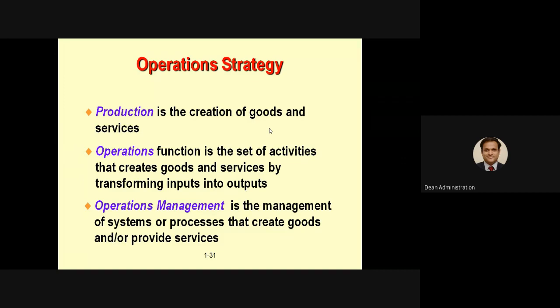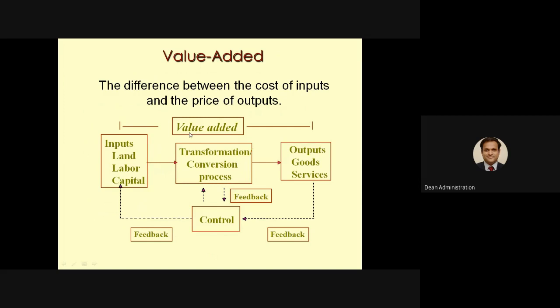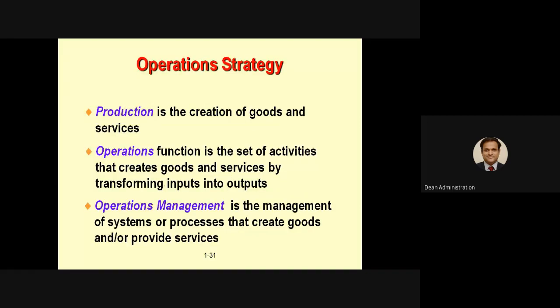So the operations function is a set of activities that creates goods and services by transforming inputs into outputs. This is the transformation, the various operations wherein your raw materials are converted into finished products.